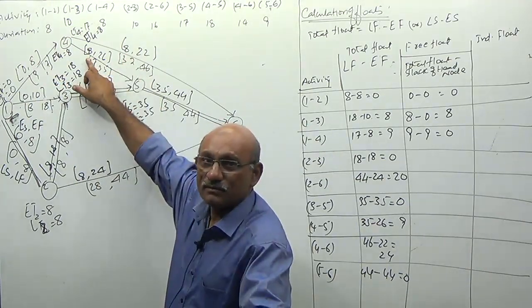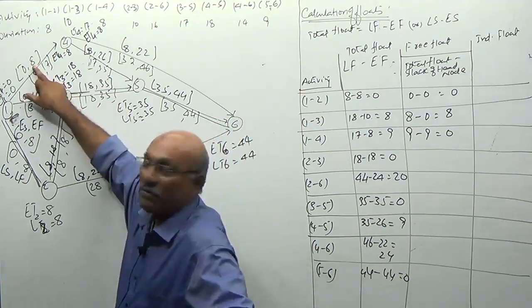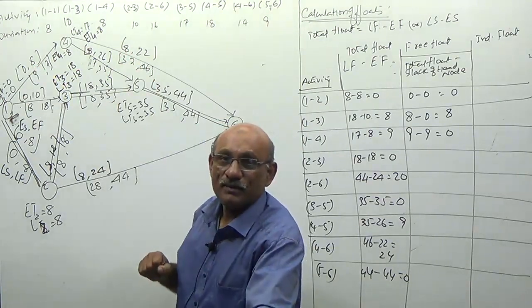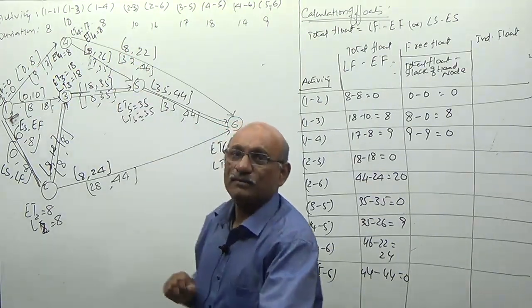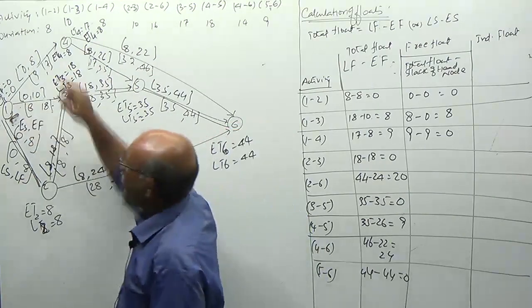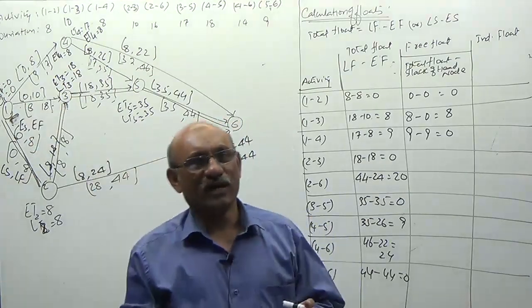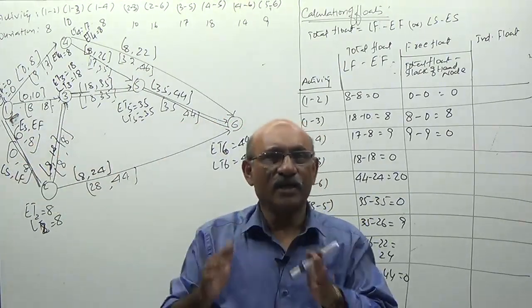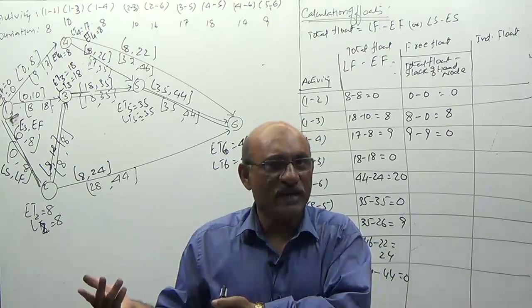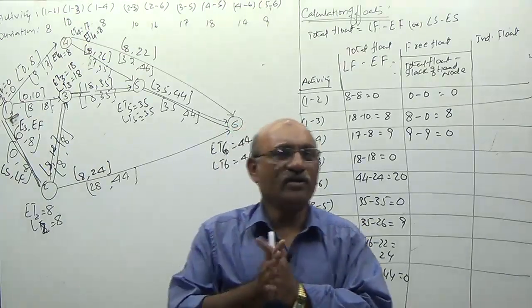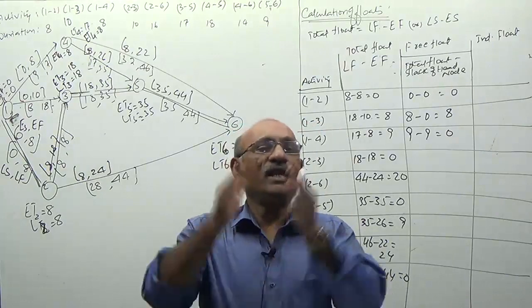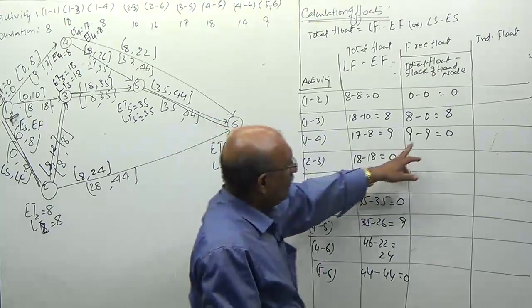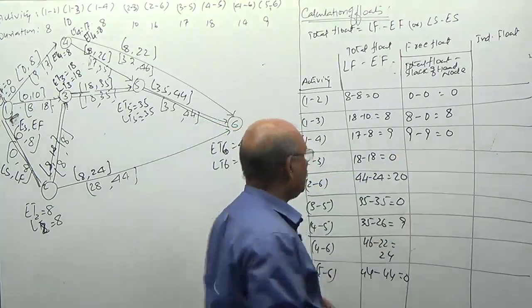Suppose it is delayed by one day, then these activities cannot be started on the same 8th day. It means if activity 1-4 is delayed by one day, it is affecting the float of its succeeding activities. Therefore, activity 1-4 cannot use even a single day of its free time. So, free float of this activity is 0.